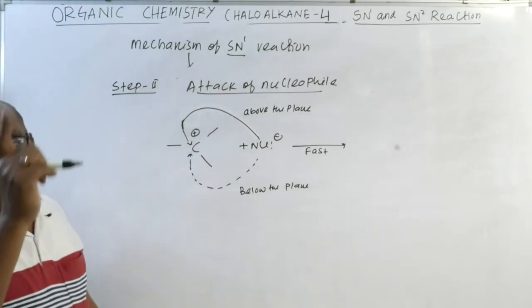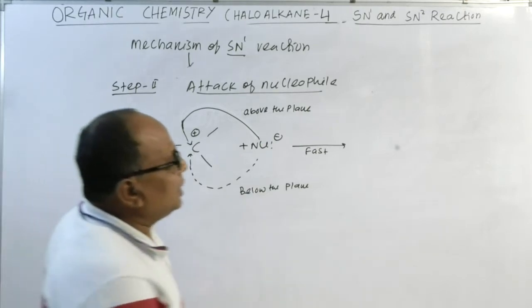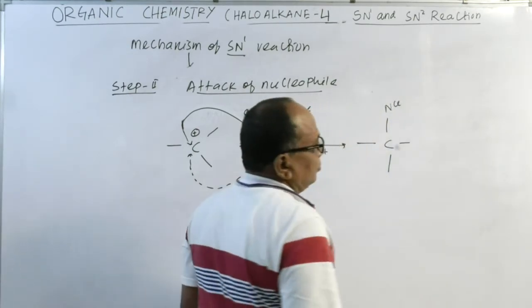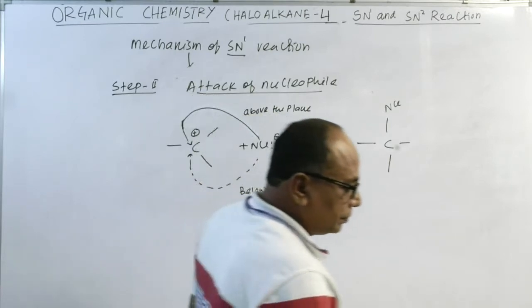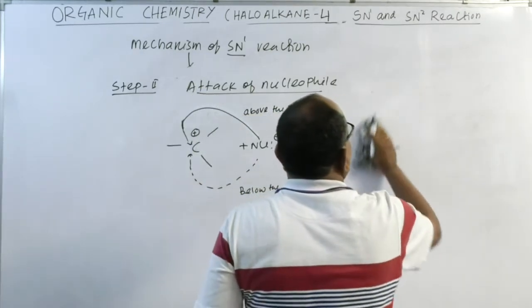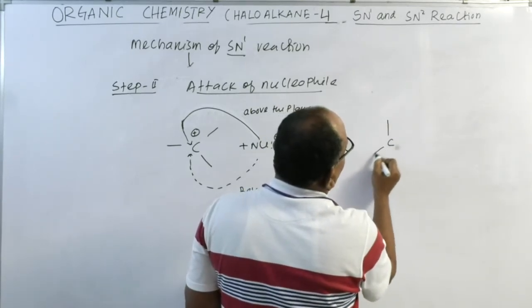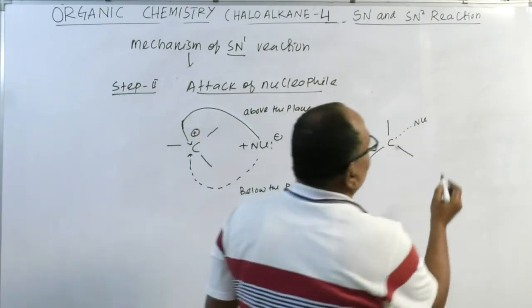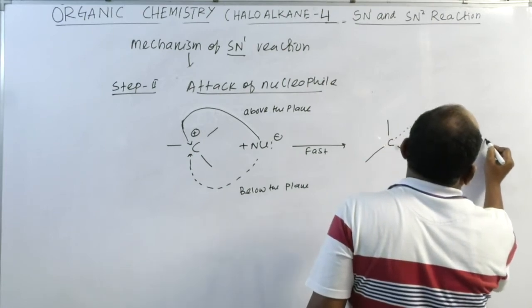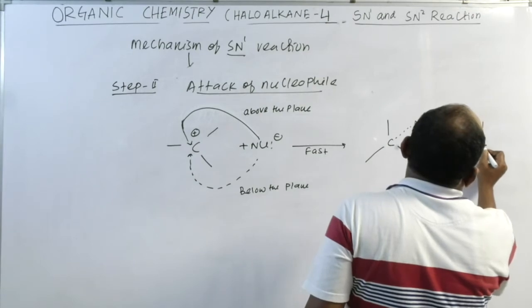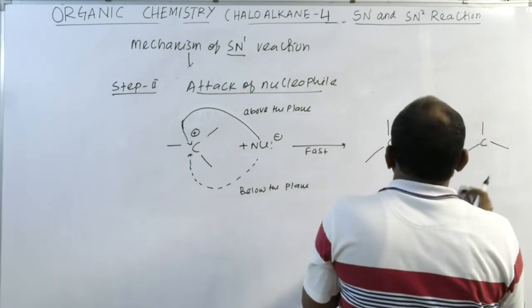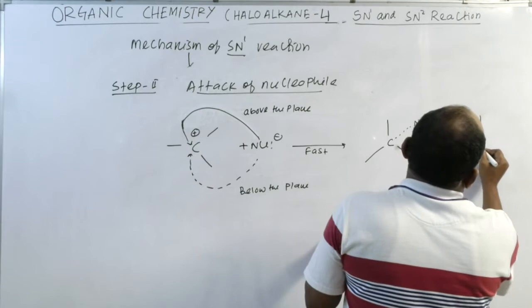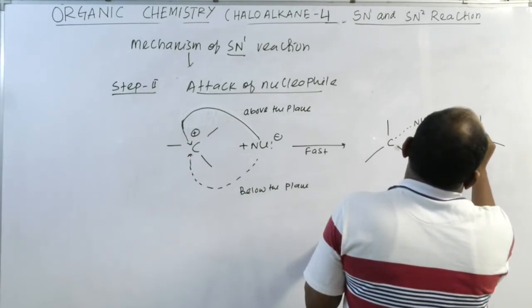So in this case, we will get two types of structure, that is C-Nu, and another structure with Nu.